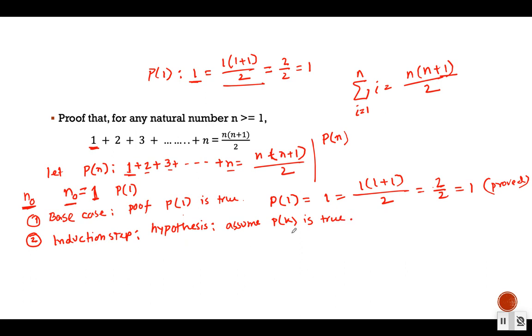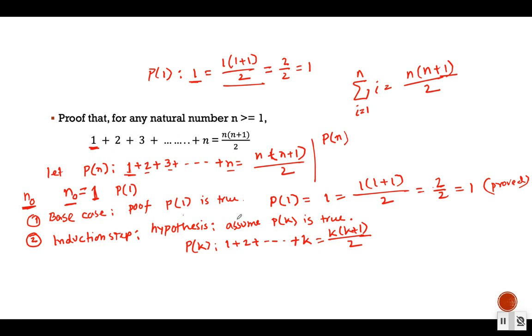If Pk is true, that means now our n value is k, so we plug in the value k instead of n. So Pk is 1 plus 2 and so on until k, and this is the same as k times k plus 1 by 2. So the hypothesis means we are assuming Pk is true.